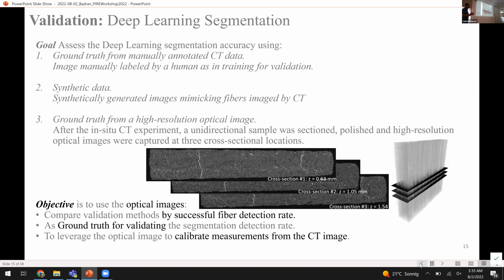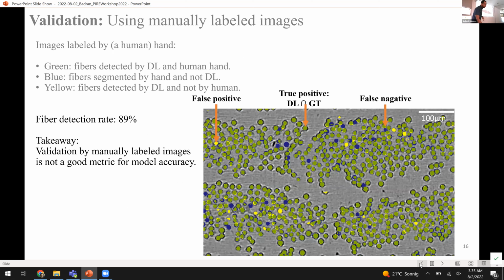The objective here is to try to compare different validation methods by something that a materials scientist would care about, which is fiber detection rate, and use these methods not only for validation, but for calibrating measurements.